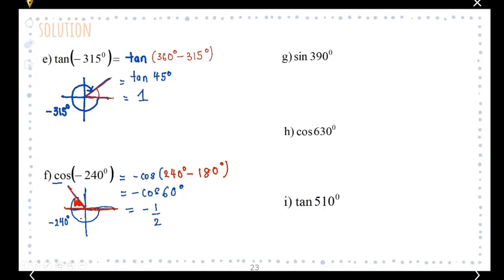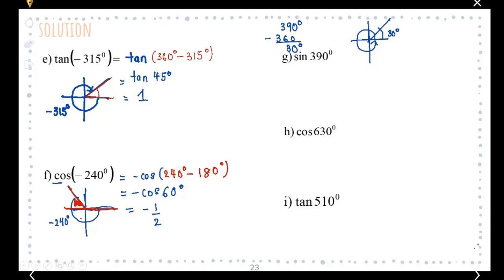Now let's try sine 390. This is a positive angle, so we're going to go anti-clockwise. One whole turn gives us 360, so we sketch another 390 minus 360, which is a 30 degree angle, continuing from there. The 30 degrees after 390 falls on the first quadrant.